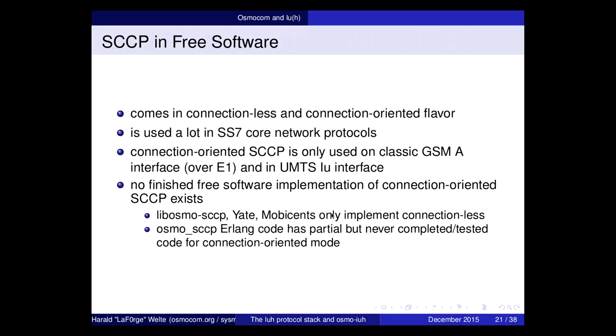If you look at roaming interfaces, at classic SS7 interfaces, think of the SS7 security talks we've had here at CCC events a lot of the times. This is a protocol that's very often used in a lot of different parts of telecom, but the problem is, everywhere except this particular point in UMTS and GSM, it is used only in connectionless mode, and this is the only point where it uses connection-oriented SCCP.